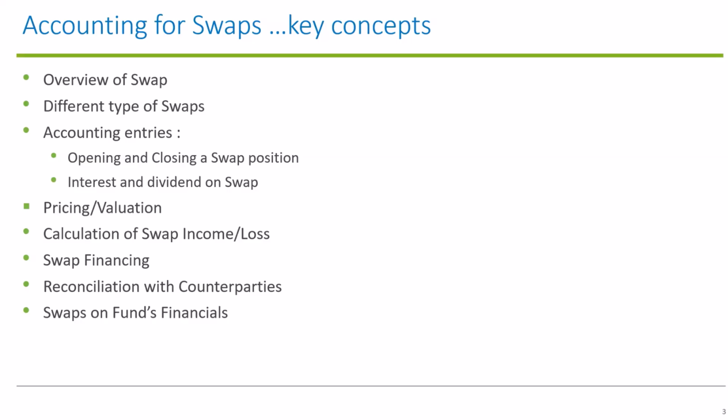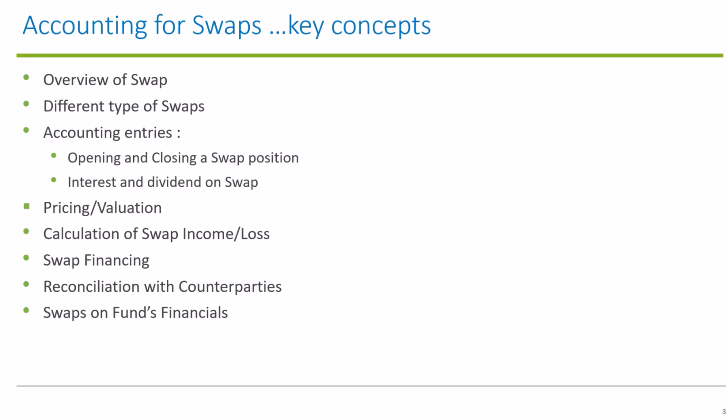We are going to split this course into bite-sized pieces. First, we will go over an overview. Then we will look at different type of swaps. Then we will look at accounting entries associated with those specific type of swap products, like how to open a swap position, how do you close it out, and in the process, how do you book the income, how do you book the interest and dividend on swaps, okay?